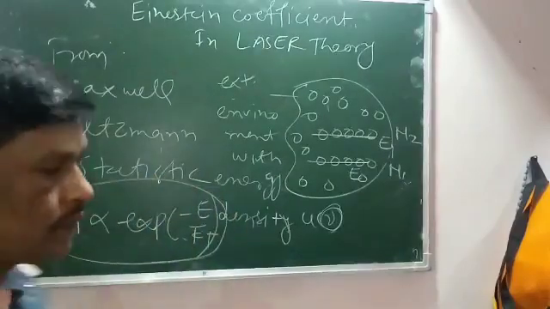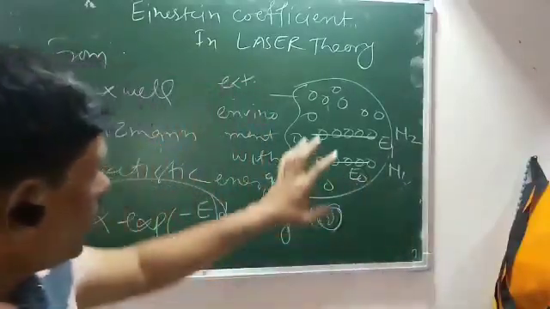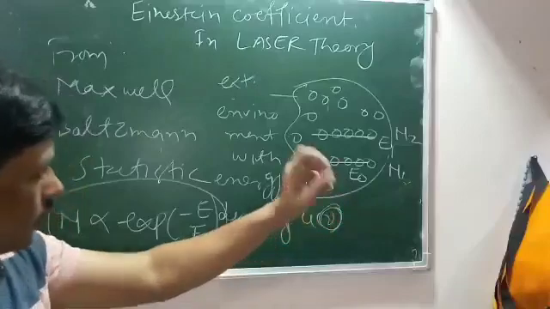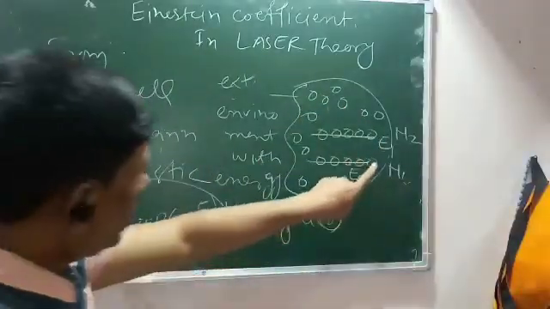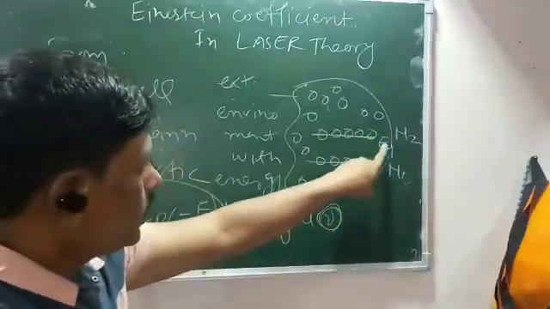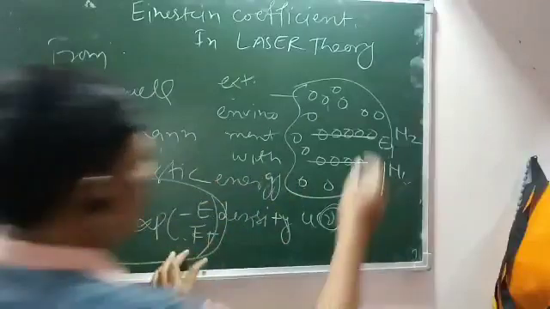This is the Maxwell-Boltzmann statistics probabilistic equation. One thing I will also discuss here: the energy levels of atoms E0 and E1 and the external environment are in thermal equilibrium.